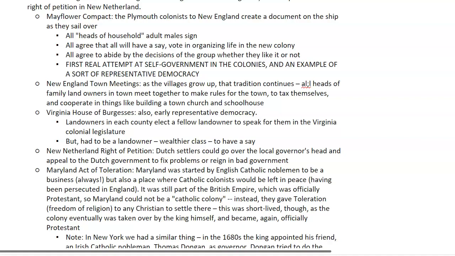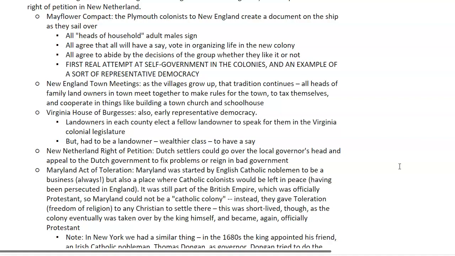Mayflower Compact, you should know, is the first real attempt at self-government in the colonies, and an example of a sort of representative democracy. New England town meetings, we've already talked about. As those villages grow up in New England, that tradition from the Mayflower Compact kind of continues.